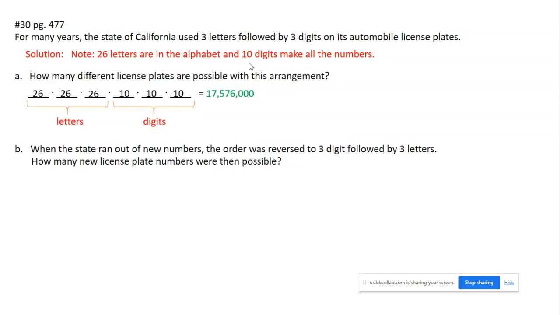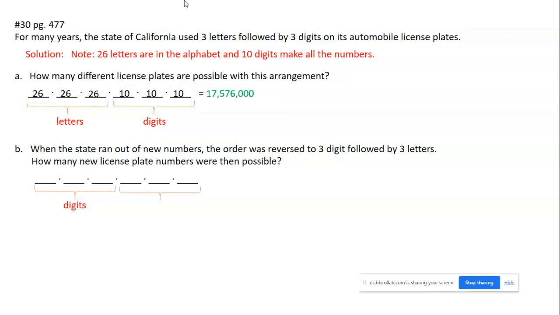So let's do B. When the state ran out of numbers, the order was reversed to 3 digits followed by 3 letters. How many license plates were then possible? So then they had to do a little reverse to get more possibilities. So they reversed the order. Then they said we can now have digits first. The first 3 slots are for digits, and then the last 3 are for letters.